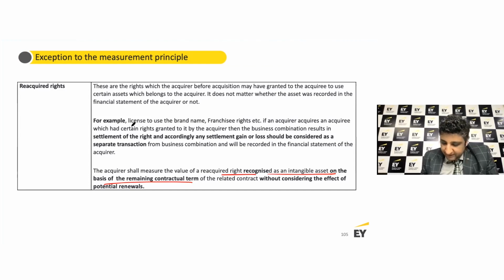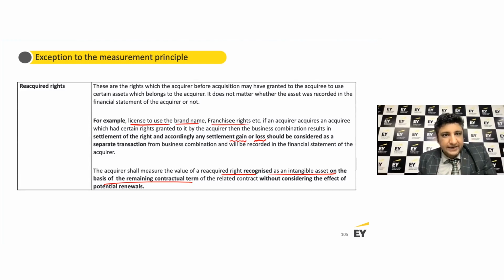There could be examples like a license to use the brand name, franchisee rights, etc. Then the whole idea of the recognition of those reacquired rights is basically that any favorable terms, for example, would result into a gain, or any unfavorable terms would result into a loss, and accordingly that would be dealt with as a separate transaction.